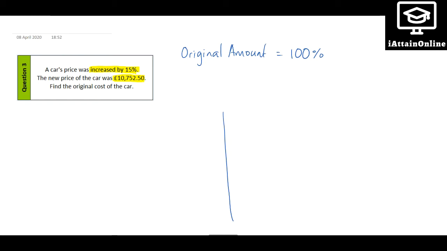So the easier method is how we're going to do this. The original price of the car was 100%. We don't know what that is yet, but we know it was 100% of the original price. It has been increased by 15%.